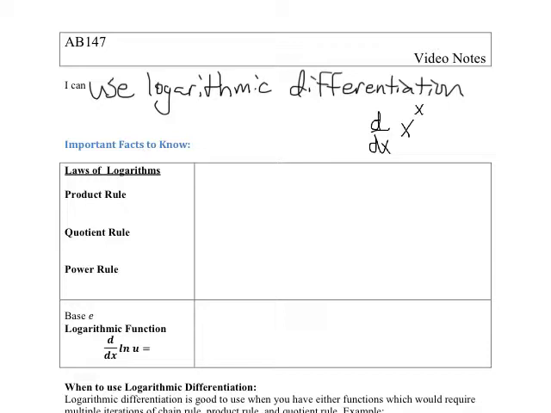Before we get into logarithmic differentiation, it would be good to freshen up on some logarithmic rules. The product rule says that if I have, and I'm going to do all these as natural log, the natural log of a times b, I can rewrite that as the natural log of a plus the natural log of b.